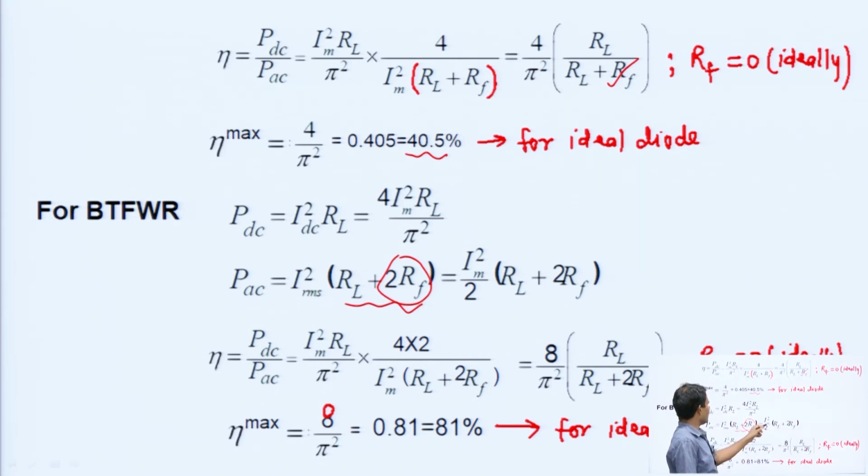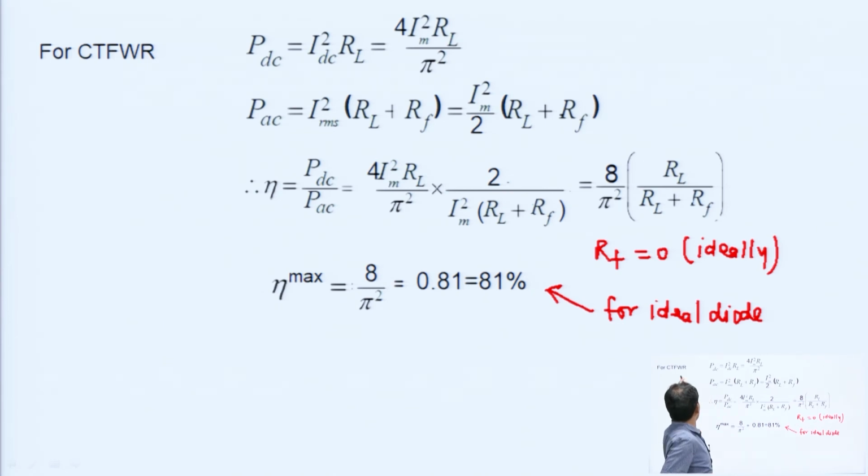This becomes (Im²/2)(RL + 2RF), and finally we get the efficiency as 8/pi² times RL/(RL + 2RF). Ideally RF becomes 0, because for an ideal diode RF is equal to 0, and the maximum efficiency will be 8/pi². 8/pi² means 0.81, which is equal to 81%. For the full wave rectifier it is 81%.